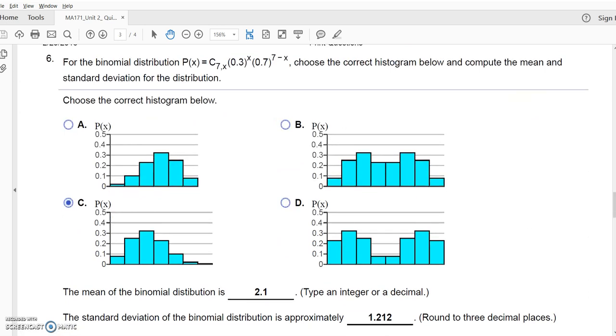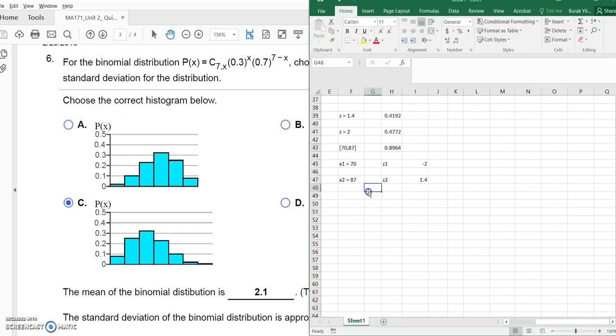Alright, number 6 is very similar to one of the previous questions we did. So watch carefully how I build this.